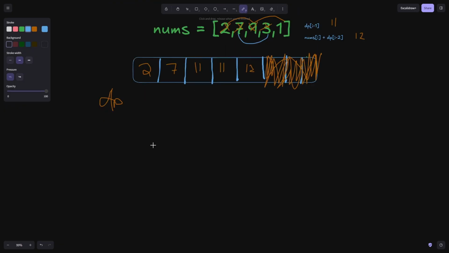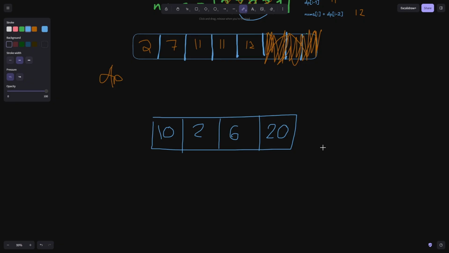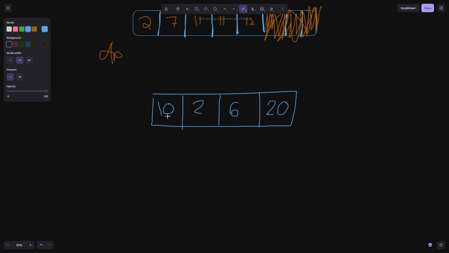There can be weird cases. This algorithm will still work, but there can be weird cases like this where maybe we have a 10, a 2, a 6, and a 20, right? There can be cases like this where our best hop is actually not like this or not like this, but it's actually this, right?